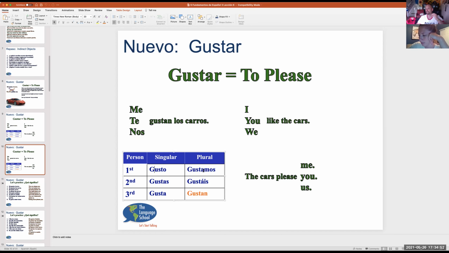Gustamos, that would be like saying, do you like us? Te gustamos? Do we please you? Do you like us? So even more rare. That would be like if you work for Deloitte and you're doing a contract for your customers, you might say, do you like us?